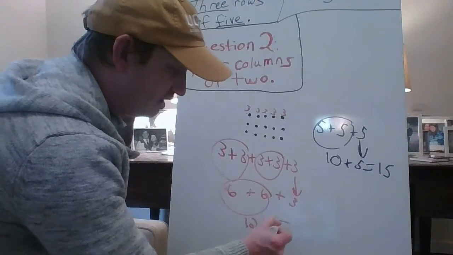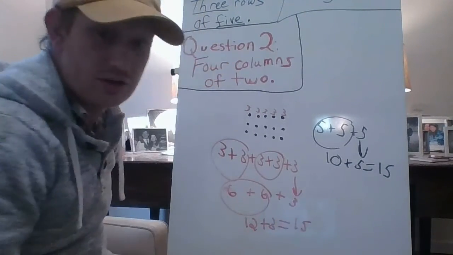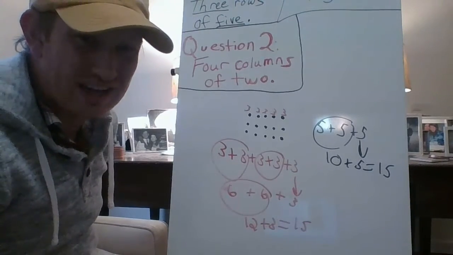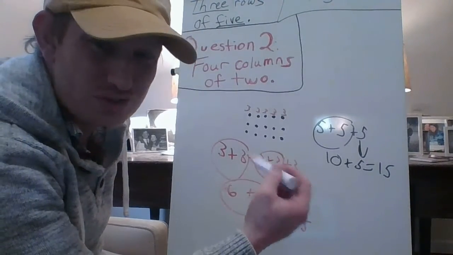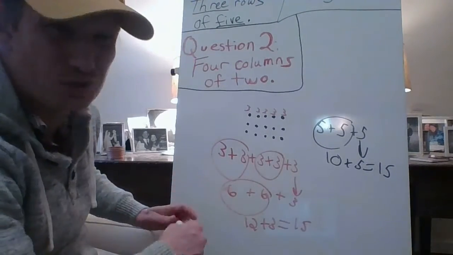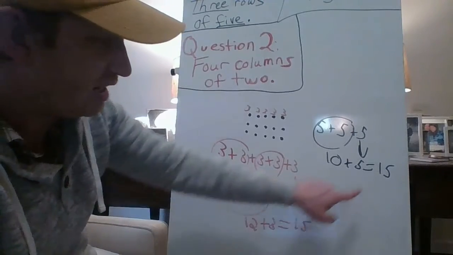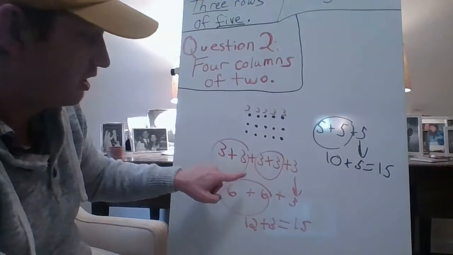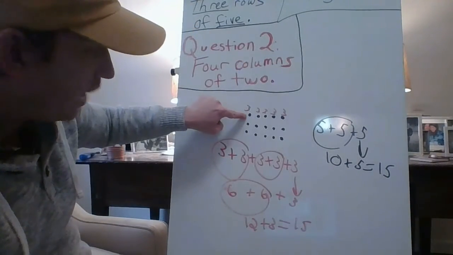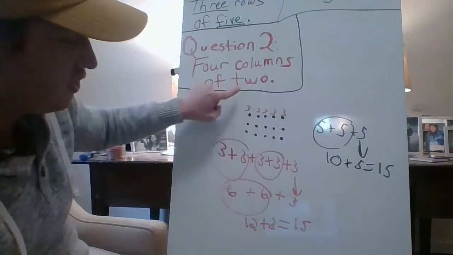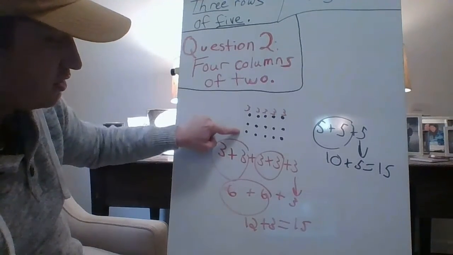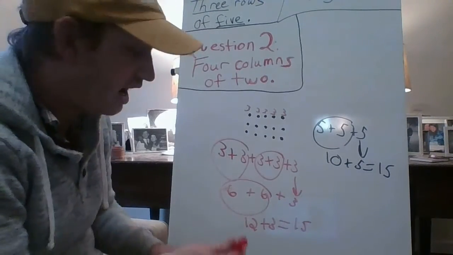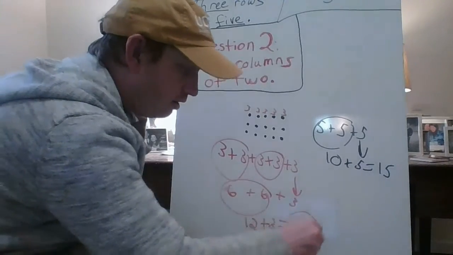Plus 3 is 15. So our answers were the same again. This red marker's not doing so great. It's okay. So see, our answers are the same, even though one way we counted by rows and the other way we counted by columns. Either way, we got 15.